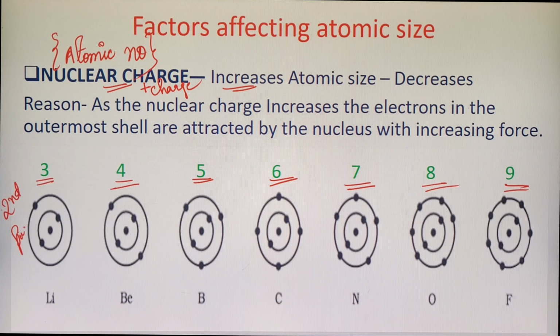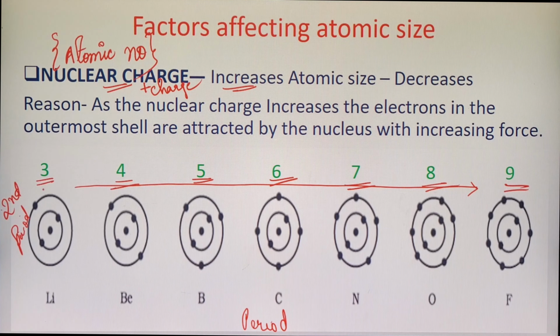As you can see in period number 2, what is happening to the atomic number as I'm moving from left to right or as I'm moving across a period, children? What is happening? The atomic number is increasing.